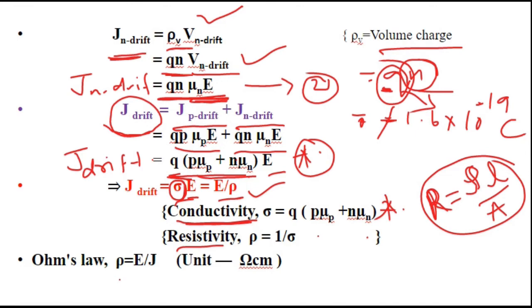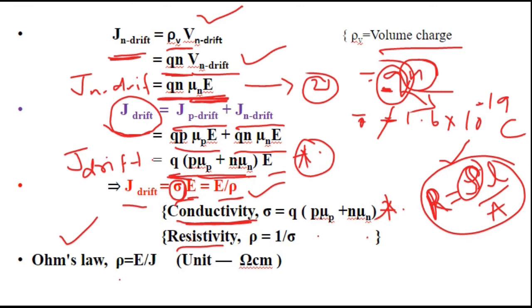Resistivity is defined as the ability of the material to resist the current. So we can now find Ohm's law with respect to resistivity, electric field and current density.